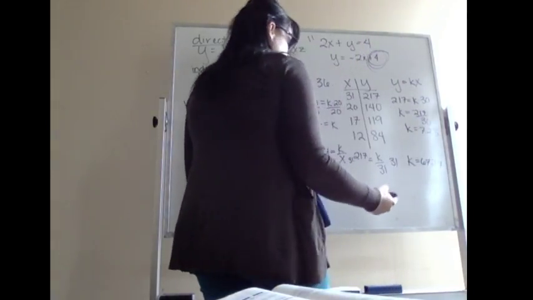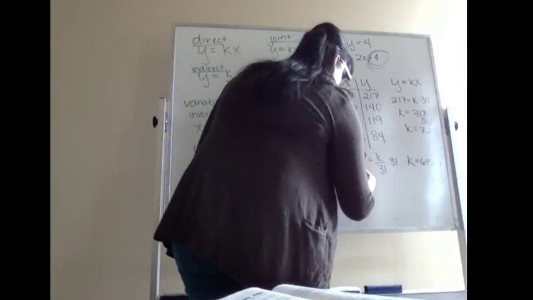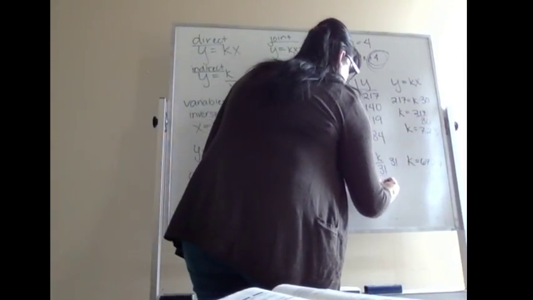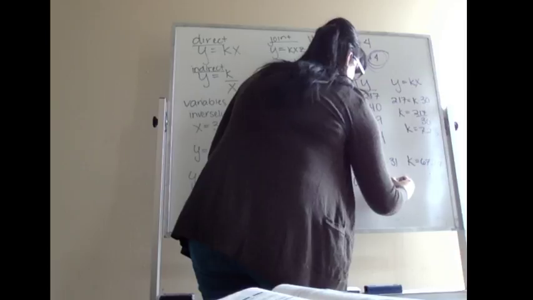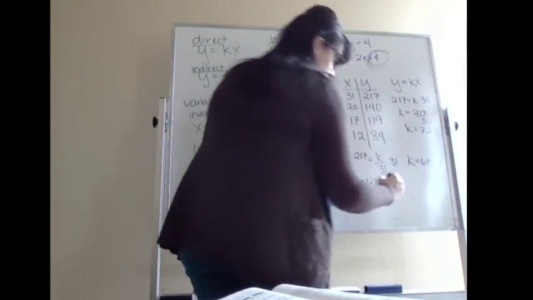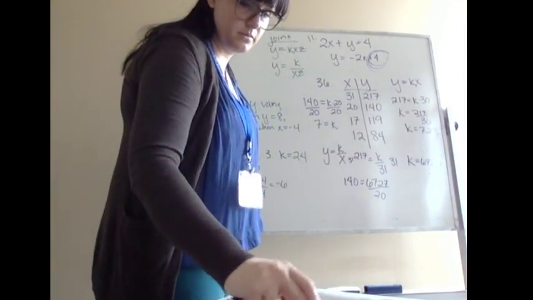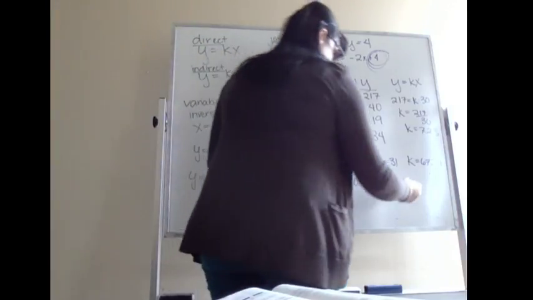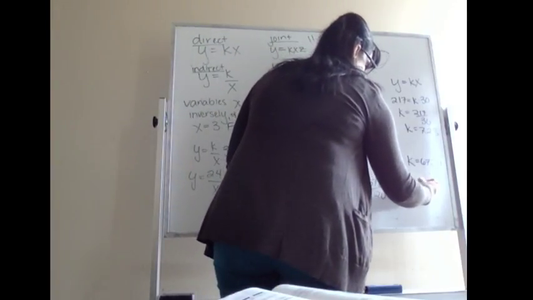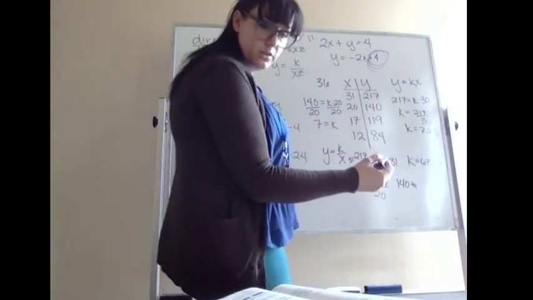Okay, so now we're going to test it again. Is 140 the same thing as 6,727 divided by 20? No. In this case, you would get 140 does not equal 336.35.